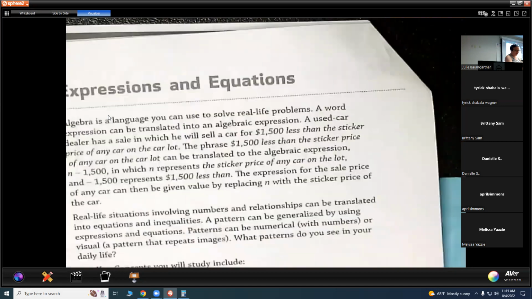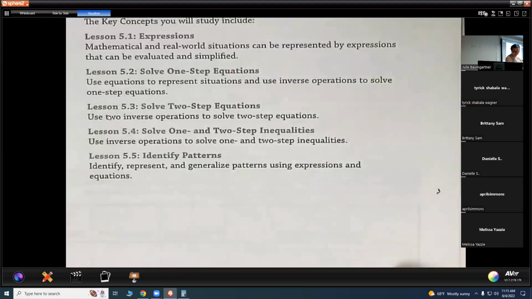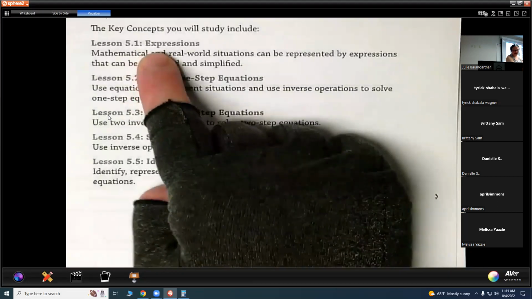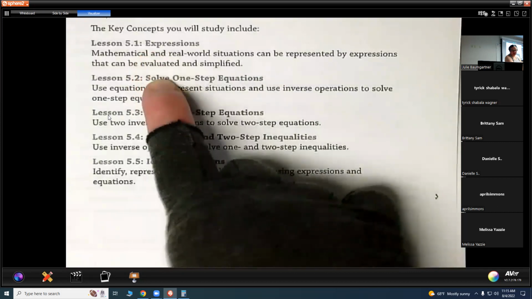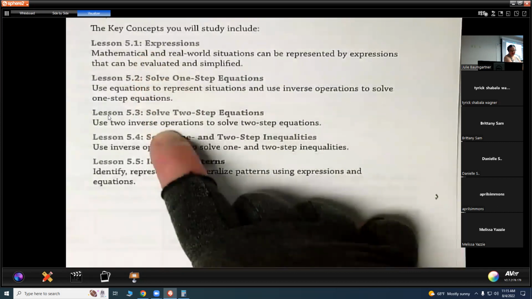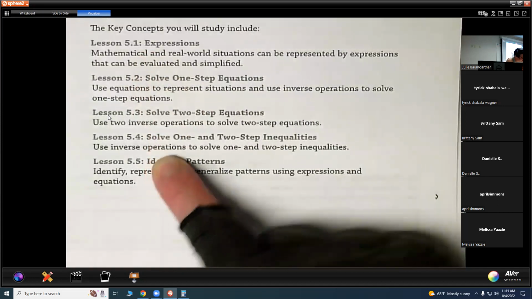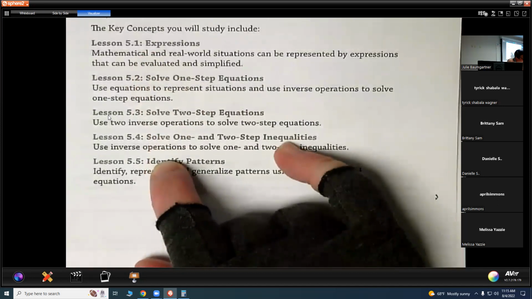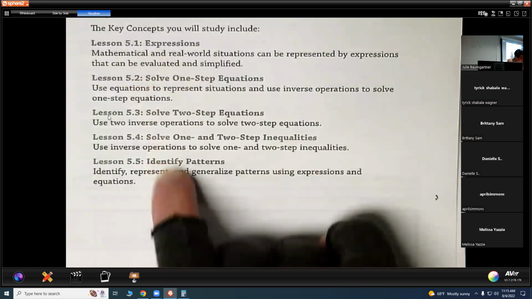So if you look down here at the bottom, we've already focused on expressions. So I think we should be able to get through 1.5 well. Then we're going to look at 1 and 2 step equations. Then we're going to look at what are called inequalities, which is kind of a subcategory of equations.